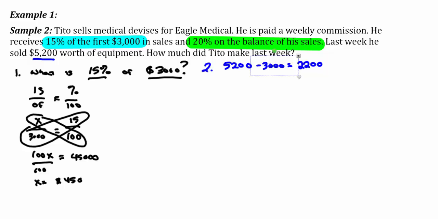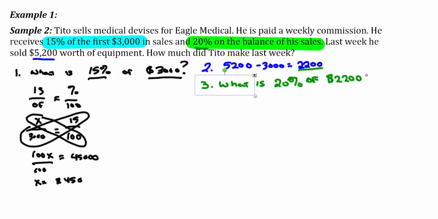So now that we know what the balance of sales is, we can calculate its commission by answering the question, what is 20% this time, up here, of the balance of sales, which is $2,200. So that's again going to be of the form is over of equals percent over 100. The is going to be unknown.